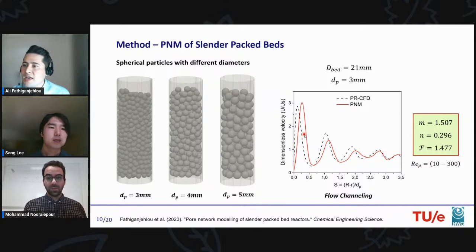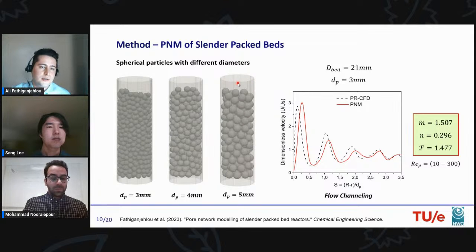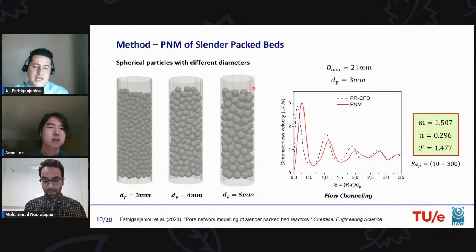In slender packed beds, the ratio of column diameter to particle diameter is usually very low, lower than 10. But in other applications you can find, for example, a packed bed reactor where the column to particle diameter ratio is like 50. There, the wall effect is not as intensified as what we have here in the slender packed beds.